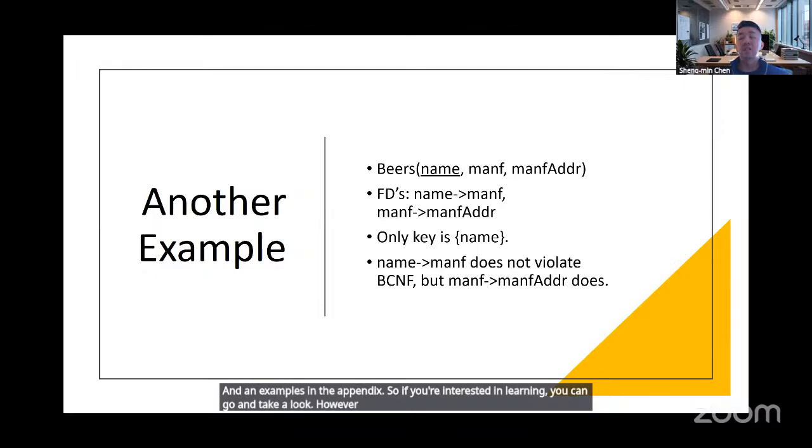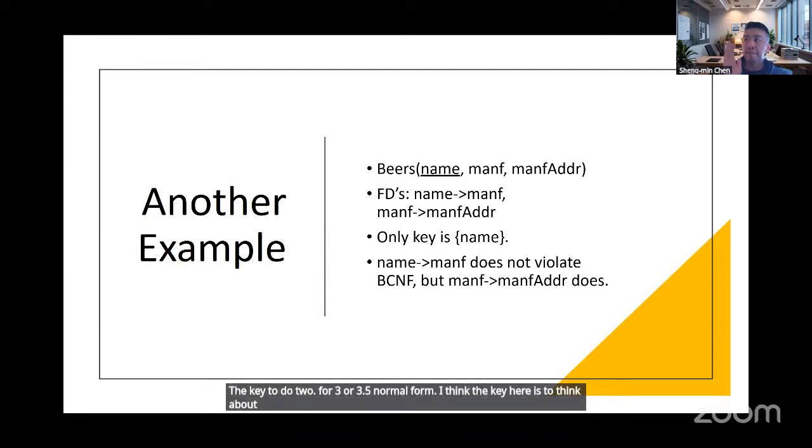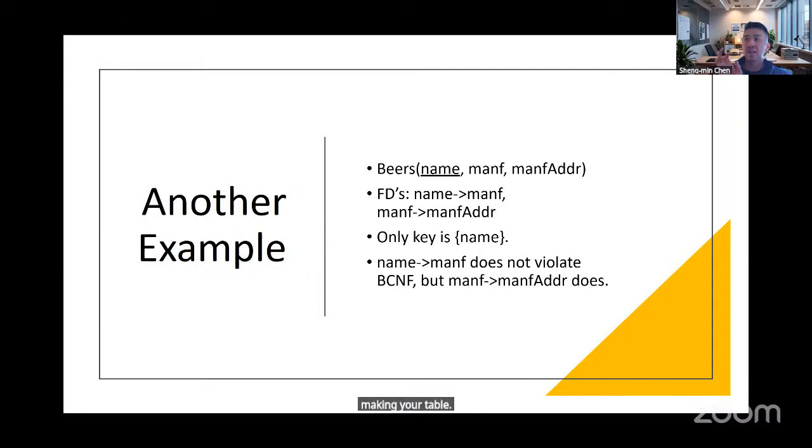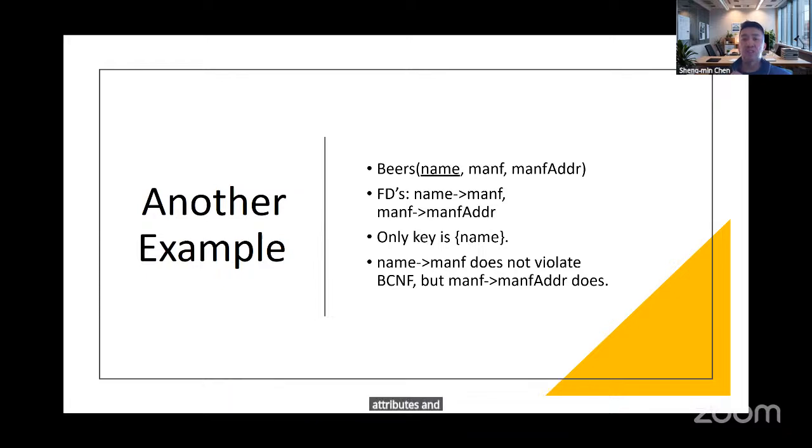However, I would say in a nutshell, the key to get to second, third, or 3.5 normal form is to think about making your tables in your database, your entities, your schema, make sure that, number one, all the info that's stored in one single table, besides the transitive or junction tables, obviously, just has attributes and information of its own.